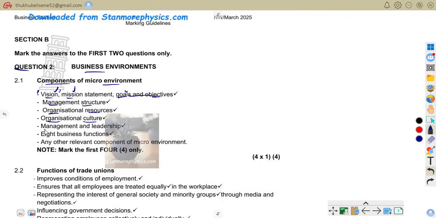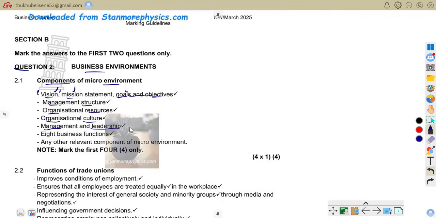We also have this component, management and leadership. With management and leadership, it means that management plans and controls business activities, while leadership, they do what? They motivate and guide employees. That is that. For example, a manager may motivate workers with rewards to increase productivity.